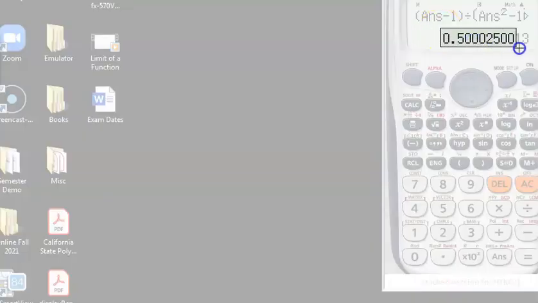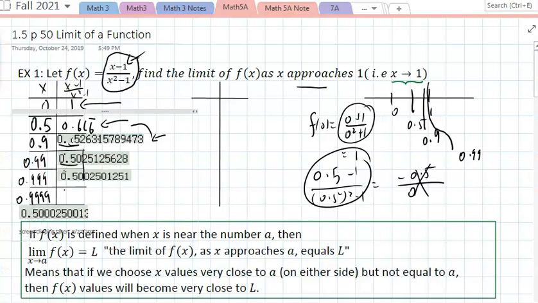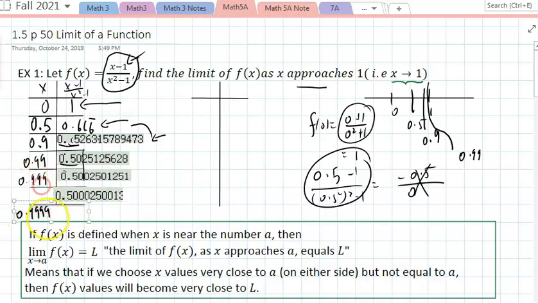Now, if I was to ask you, what do you think the y is going to be as I get closer and closer to 1? What would you say? Well, if you look at it, the y value is coming out to be 0.5000.